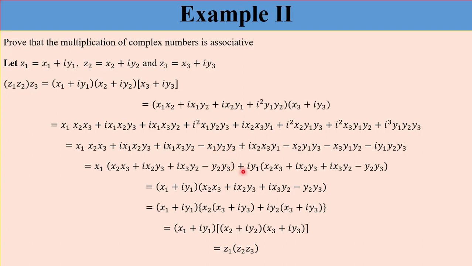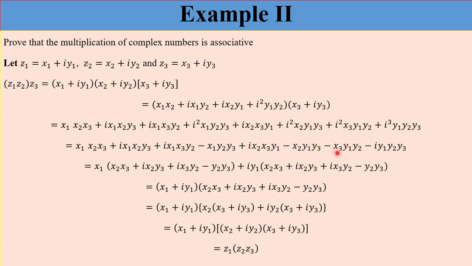You close the bracket, then plus. So here we can pull out iy1 since it is common. So we shall have iy1 into x2 x3 plus, we have pulled out i, so to create a negative here we shall introduce i x2 y3.